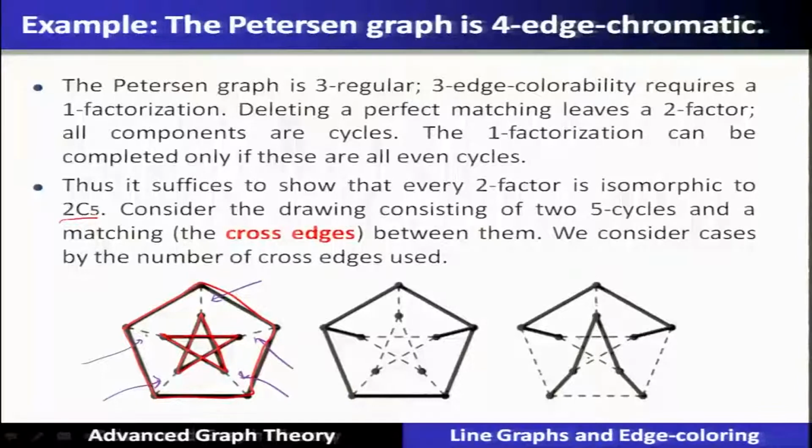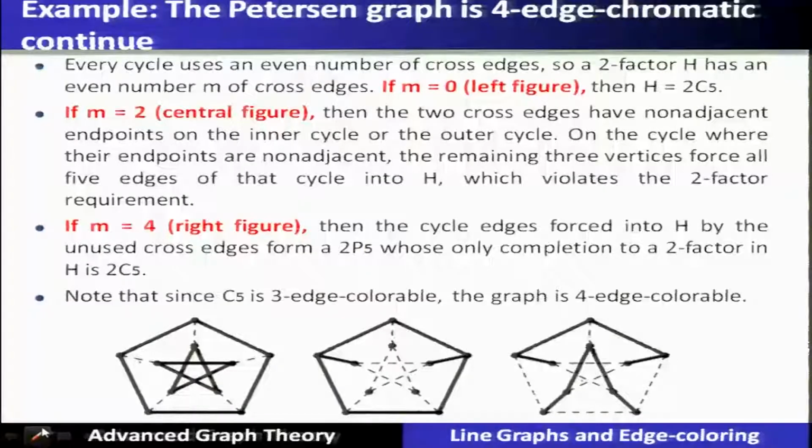So here, consider the drawings of 2 C5 and a matching, the cross edges between them. We consider the cases by the number of cross edges used. Every cycle uses an even number of cross edges, so a 2 factor H has an even number m of cross edges. If m is equal to 0, then H is equal to 2 C5.